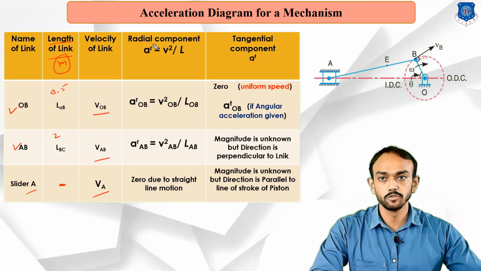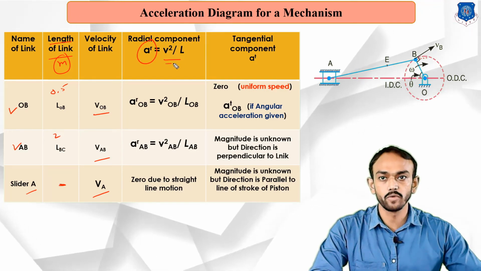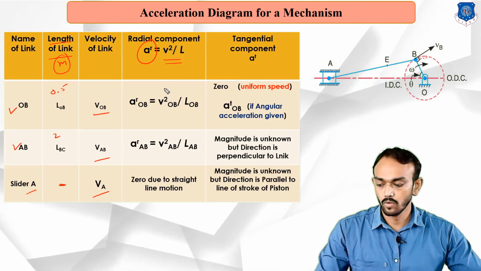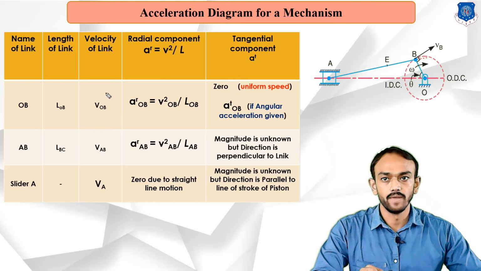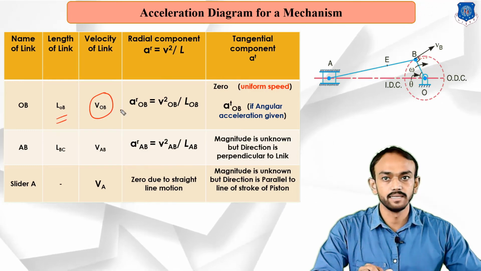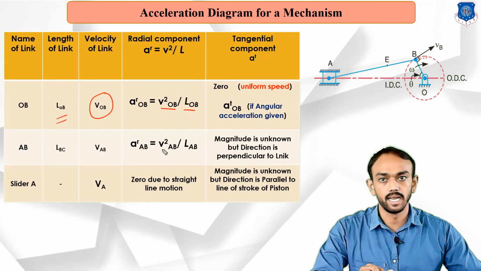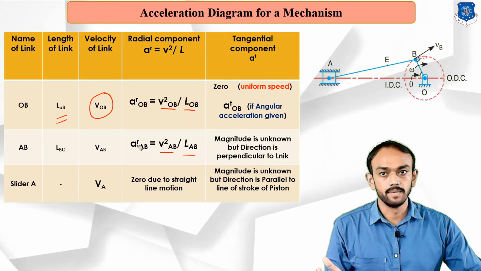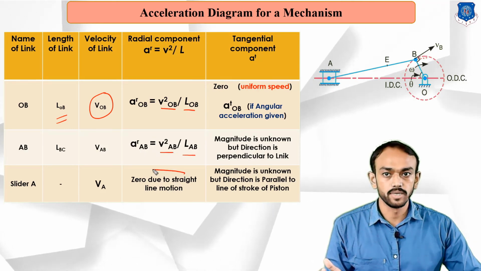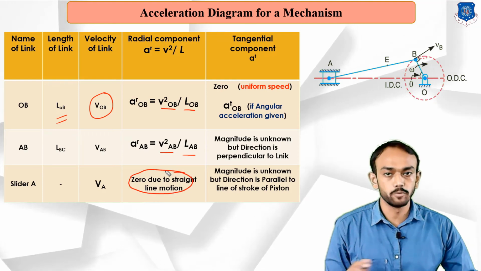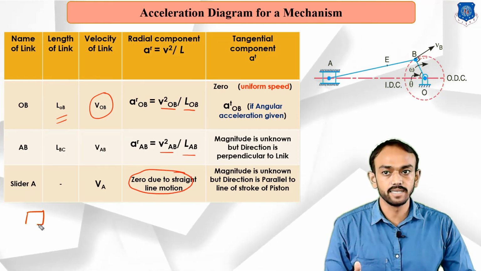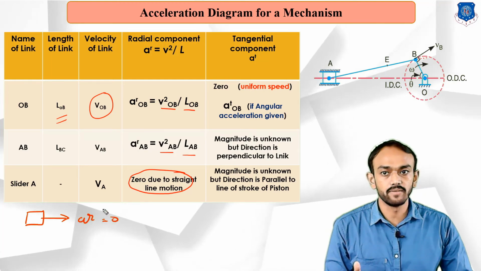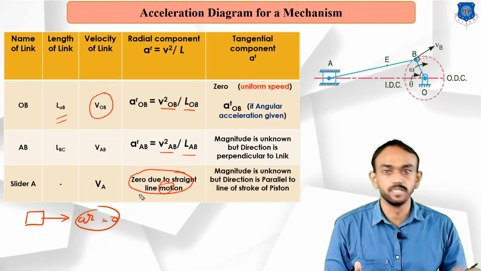After that, as you know, the radial component is v square by L, velocity square divided by the link length. So we do v square by L for this link, and the same for the second link, v square by L. But you can see a 0 here due to straight line motion. As you know, the slider is moving in a straight line, so the radial component for it will be 0.